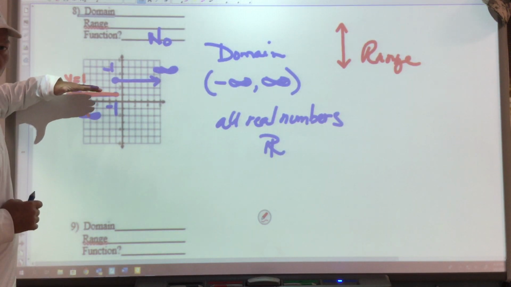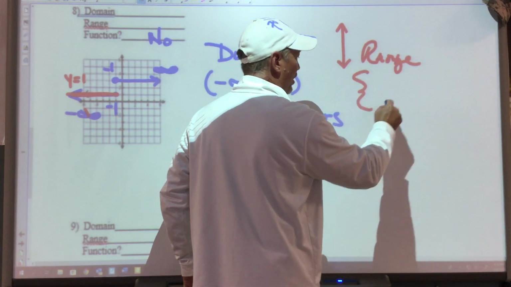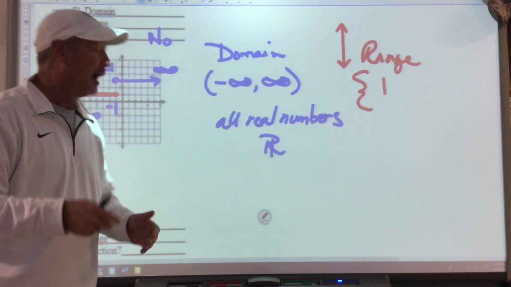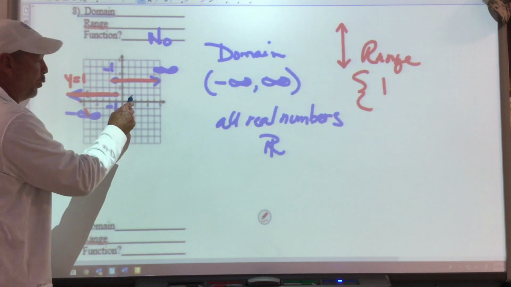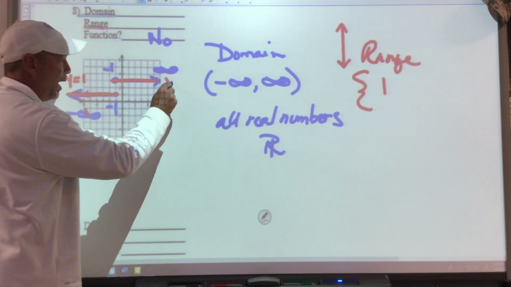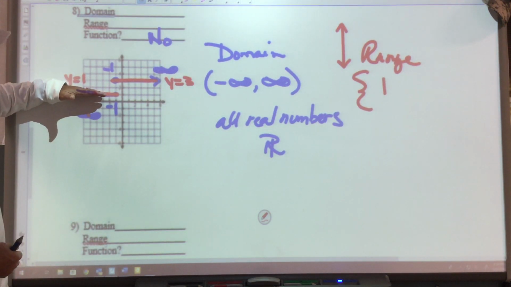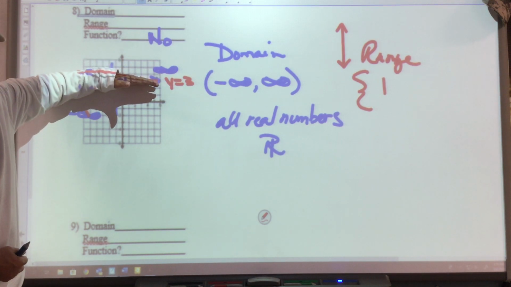So when you have a horizontal line like this, you would come over here and say, I'm at 1. Or I could be right here. Where is this line? 1, 2, 3. Y equals 3. I'm either going to be right here at 1, or I'm going to be right here at 3.